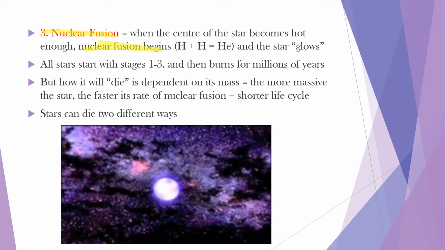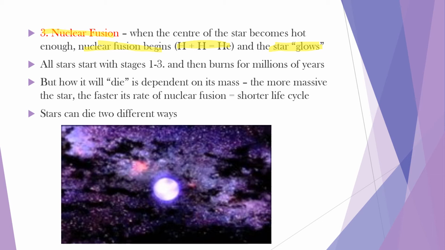And now nuclear fusion specifically is the fusion of hydrogen atoms to form helium atoms. Okay, so this is the process or the chemical reaction that gives stars its energy. So hydrogen plus hydrogen makes helium, and this reaction gives the star energy and allows it to glow.